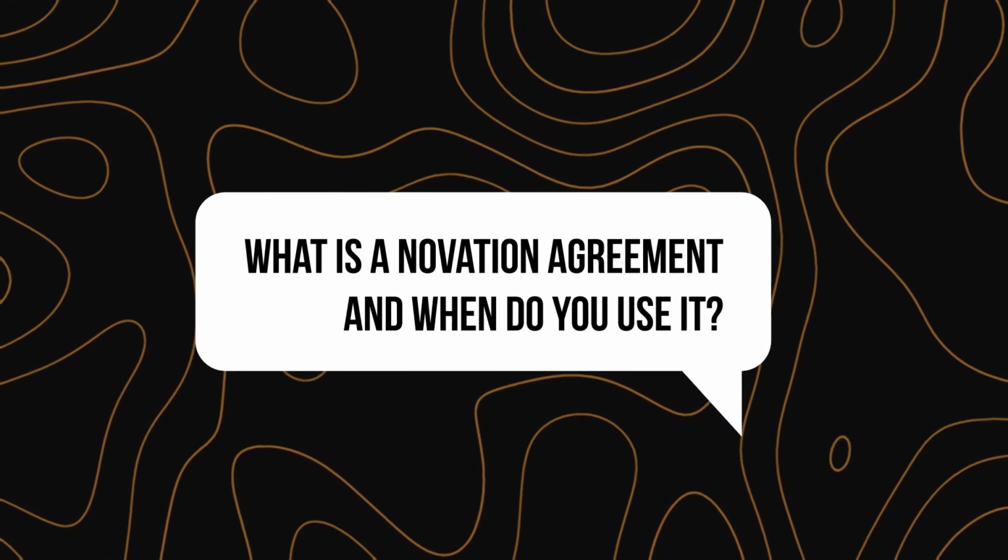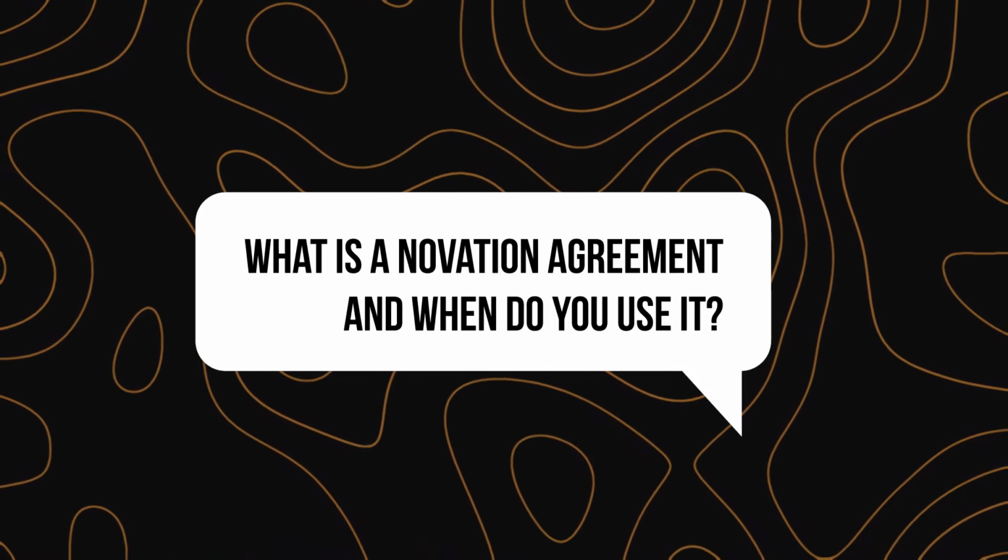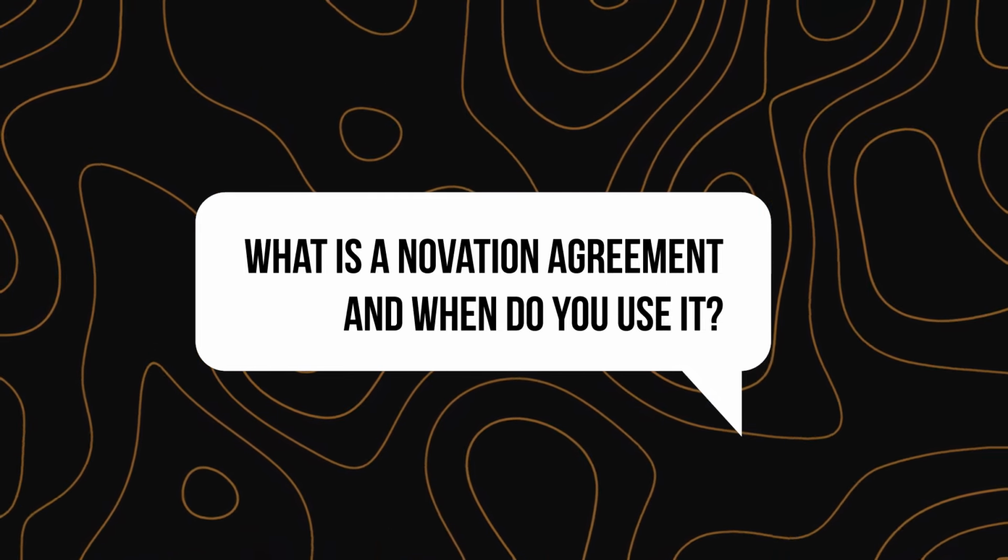This is from Policy: what is a novation agreement and when do you use it? So in wholesaling, you have a contract with the seller, right? We call that an A-B contract, where A is the seller and B is us.